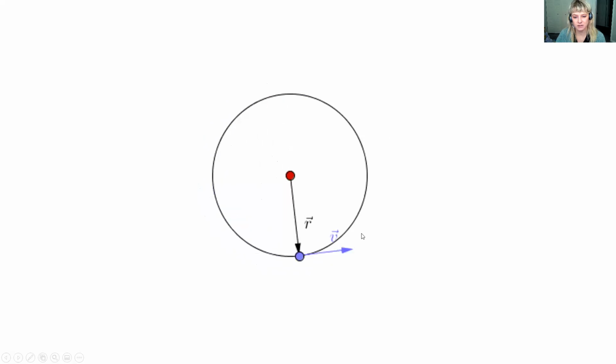And the blue vector that's denoted with a v stands for the velocity vector. Notice that the length of this blue velocity vector is not changing. So that means the magnitude of the velocity is not changing. If this object is moving at 10 meters per second, it's moving at 10 meters per second everywhere in the circle. So it's going at constant speed in a circle.